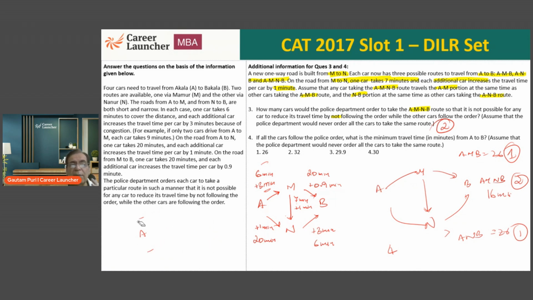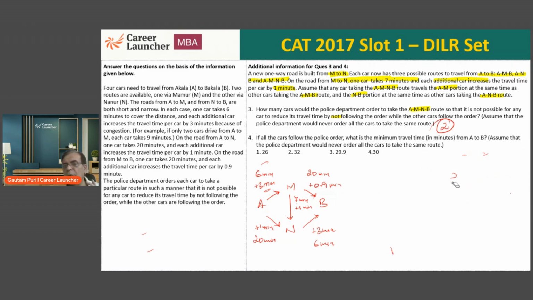Let's look at the rest of the stuff. Okay, how much time will be taken on each route? You could either do it directly or you could look at cases.